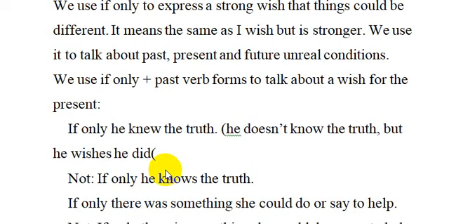We use it to express a strong wish that things could be different. So, a strong wish regarding things that could be different. Please pay attention to the wording, to the lexical items.